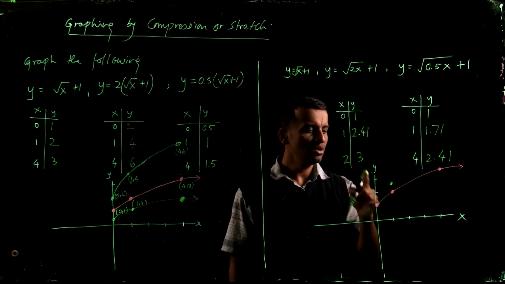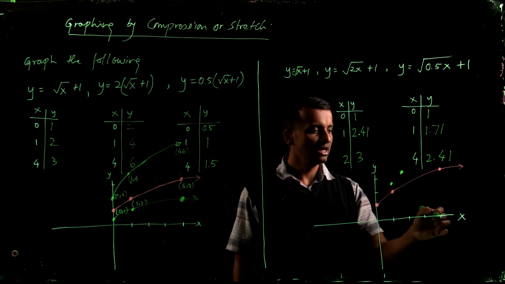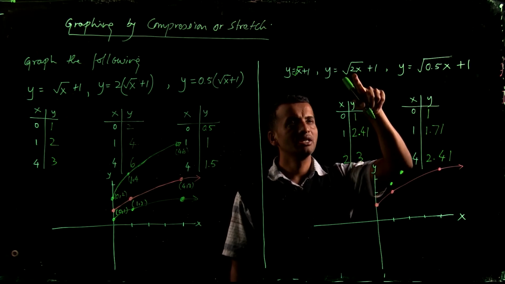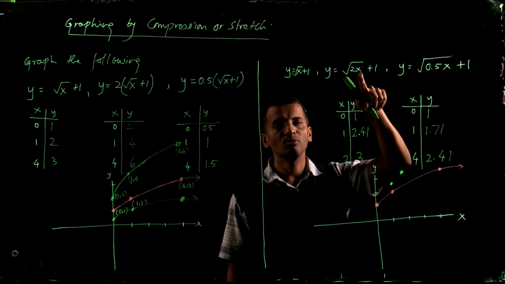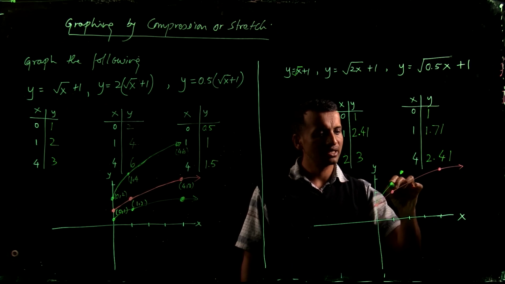And then at 2 it is 3. If you plug in 4, you will get square root of 4 times 2, that is square root of 8. It is almost 3, and then plus 1, it will be almost 4.